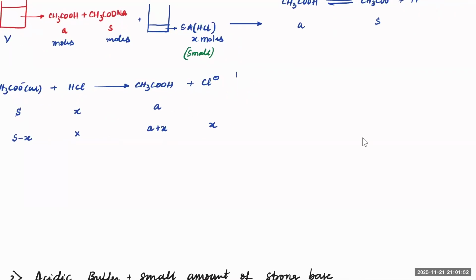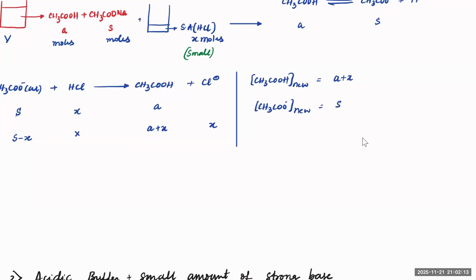Now, if that is the case, what is the new concentration? The new concentration of CH3COOH will be equal to A plus X. And what is the new salt concentration?